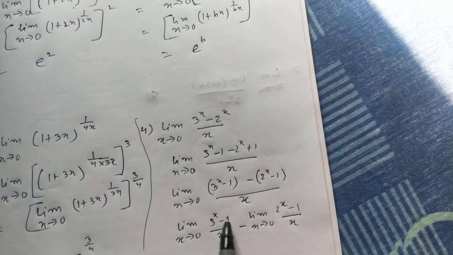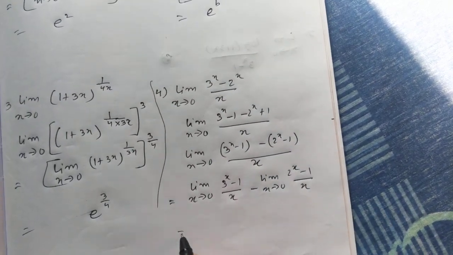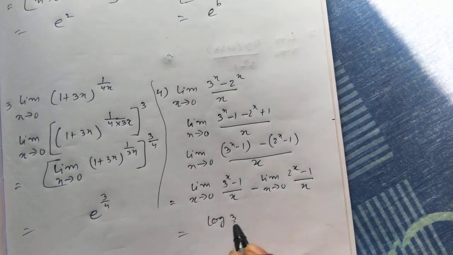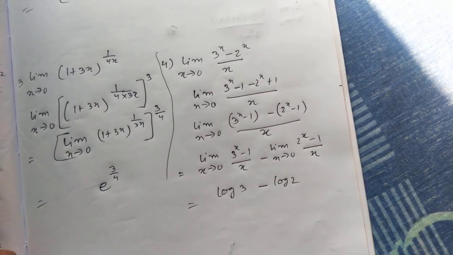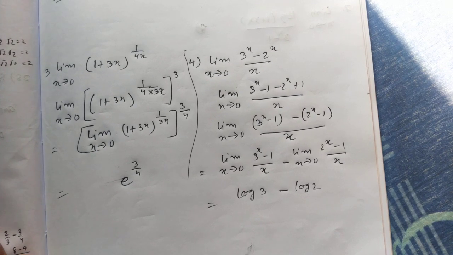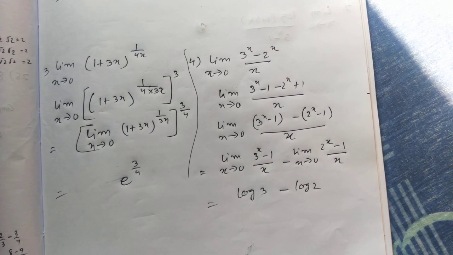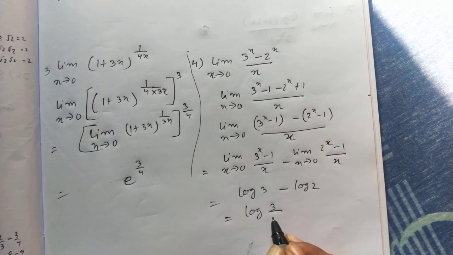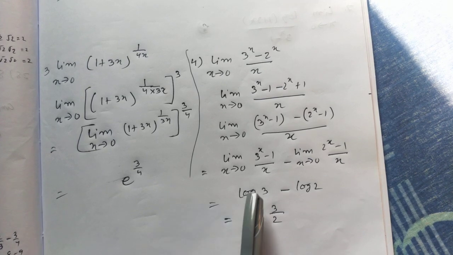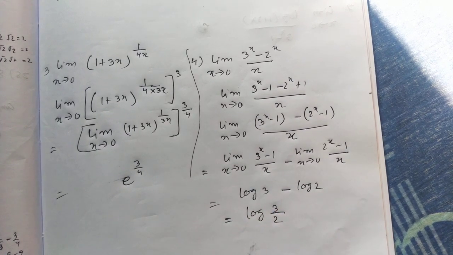So for this we can write log a; the formula is log a, that means log 3, and this is log 2. Minus means we have to divide, log 3 minus log 2 means log 3 by 2. If it is plus, we'll do 3 into 2.